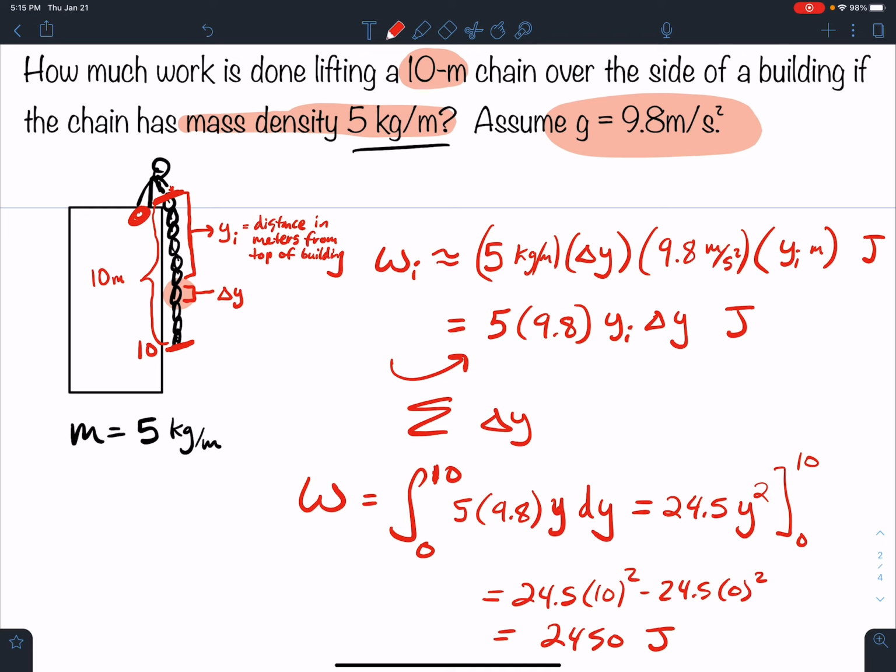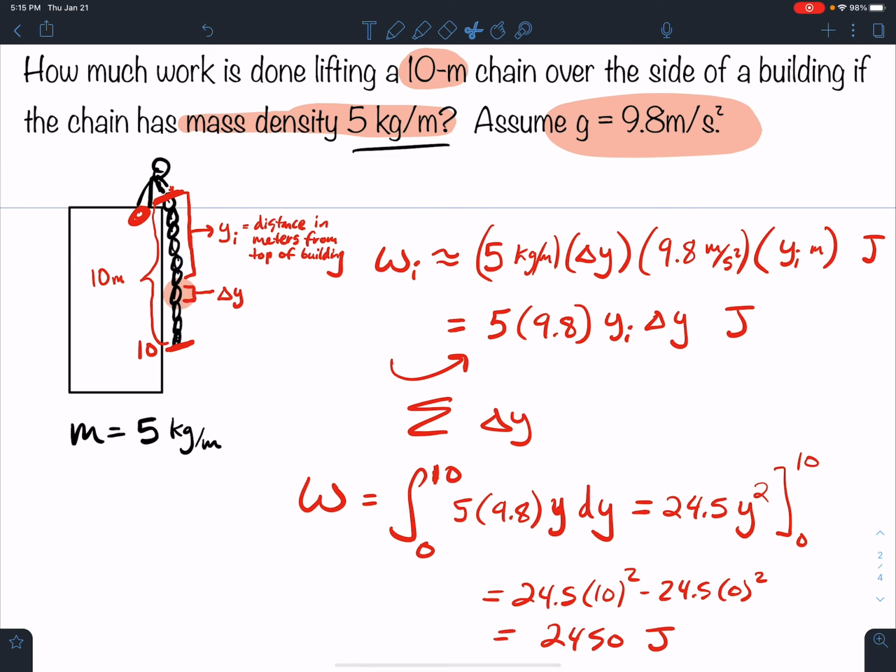Now think about it as you're lifting that chain up, what's happening? Once you pull that chain up and all you have is this chain left, that amount of chain left takes less work to pull up than pulling up all of the chain together.